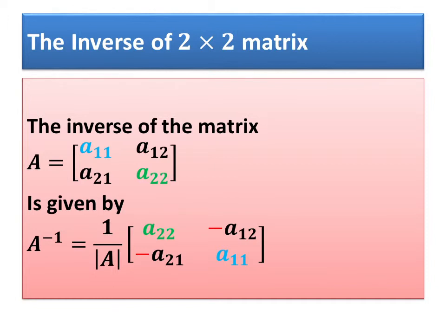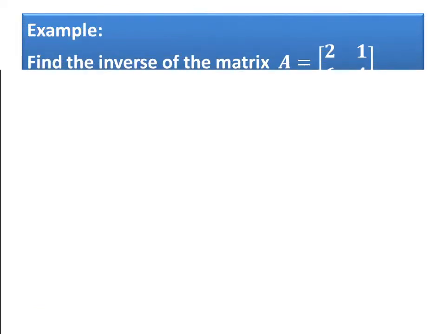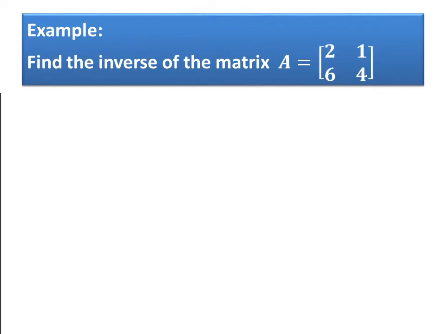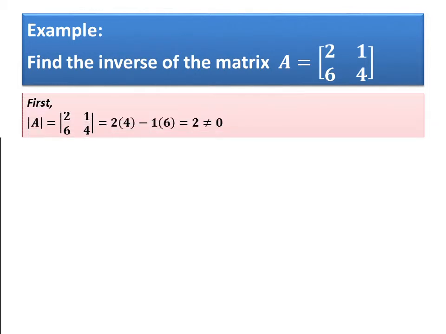Here comes an example to illustrate inverse of a 2 by 2 matrix. So find the inverse of the matrix A, which is a 2 by 2 matrix. I read it row by row. Row 1, 2, 1. The second row, 6, 4. So first we need to check that the determinant of A is not 0.